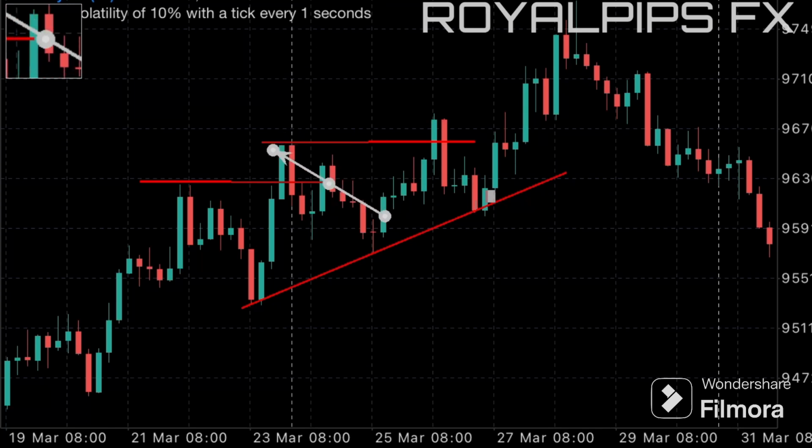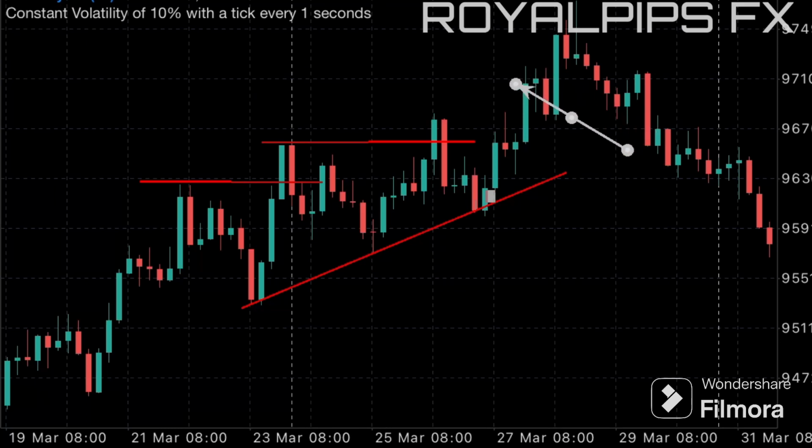There is another break of structure to the upside. This has indicated that this market is bullish and it's moving upward. So on the third touch of the trend line, you will now know that yes, this market is going to respect this trend line and move in this direction.